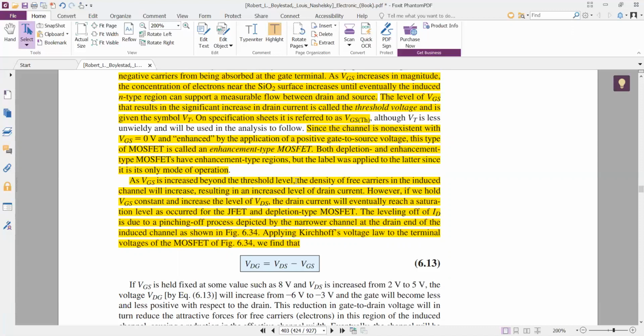It is observed that as we make the voltage between gate to source constant and slowly increase the voltage between drain to source, the current also goes on increasing between drain to source until a saturation point is reached, similar to the saturation points which were reached in JFET and depletion type MOSFET.